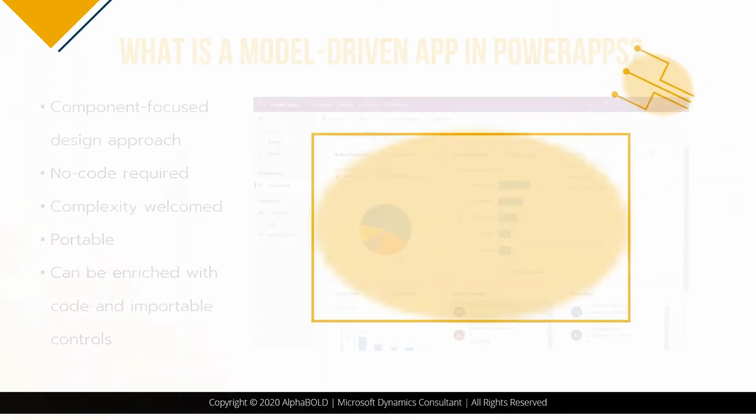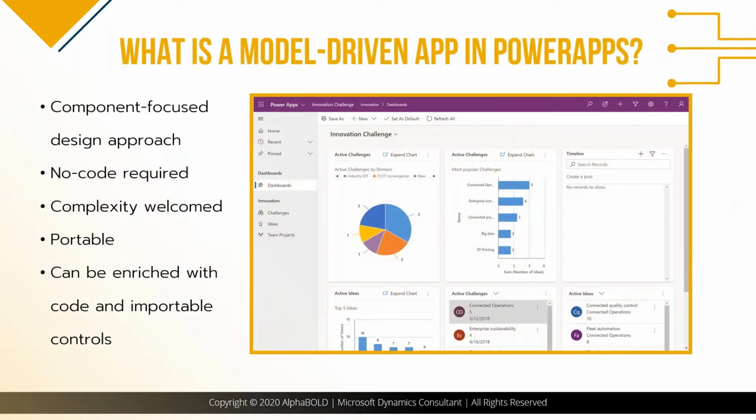As I mentioned, today we'll be talking about model-driven apps. So what is a model-driven app? A model-driven app is a component-focused approach to app development. It doesn't require code, although some code can be used to expand it. And the apps that you can make can be very simple or even very complex.